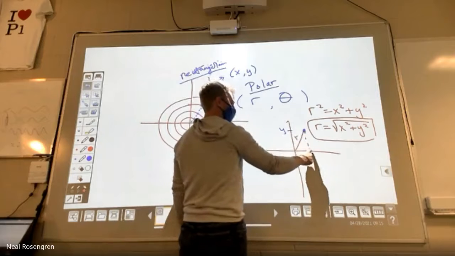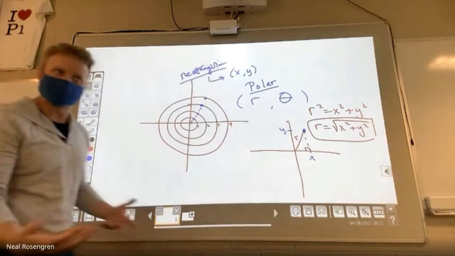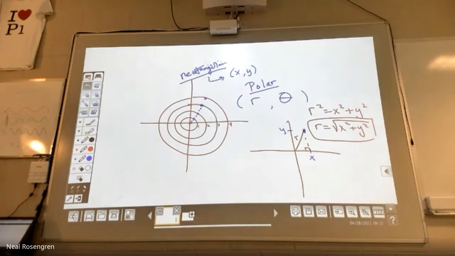And that's what's nice about the rectangular system: everything happens at perpendicular angles, and we can use that right away. So you give me something rectangular, I can find r. I'll just do the square root of x squared plus y squared. And now I can use that formula. I never have to derive it again.